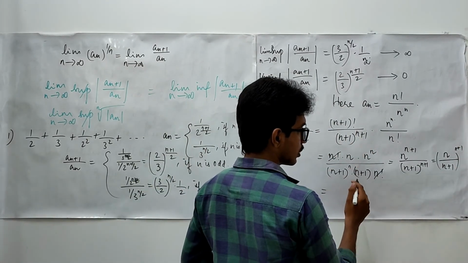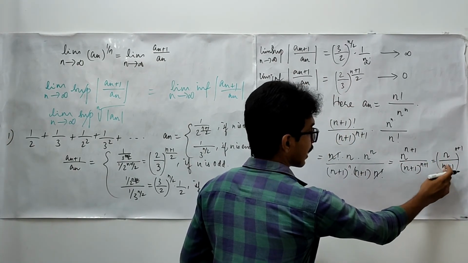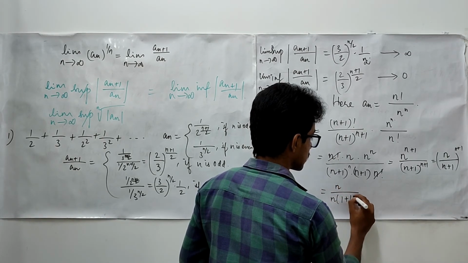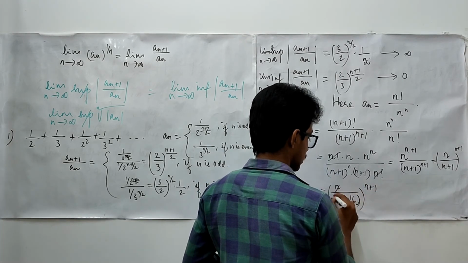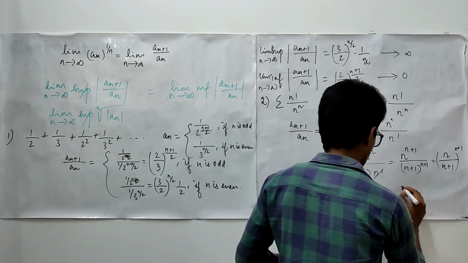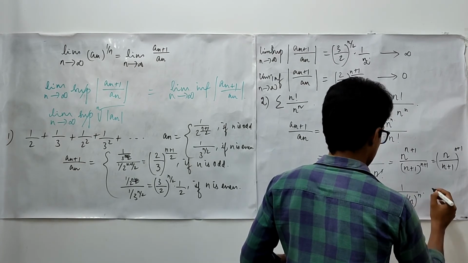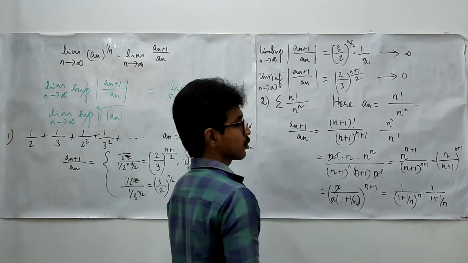And this is what? You may take n as a common thing. So n upon n times 1 plus 1 upon n, to the whole power n plus 1. This n gets cancelled. Now I am splitting this as 1 plus 1 upon n to the power n times 1 plus 1 upon n.